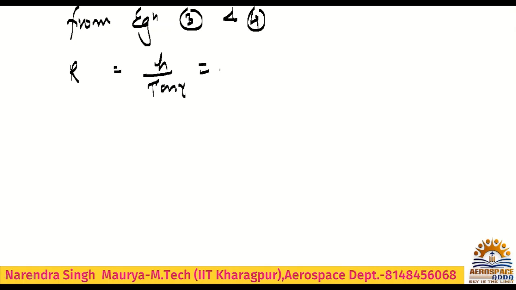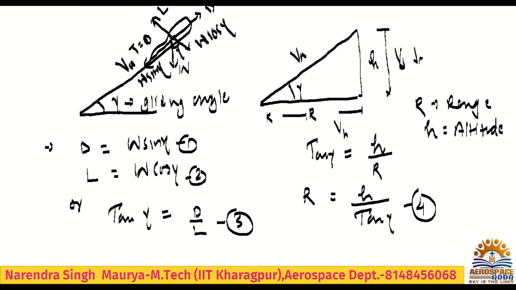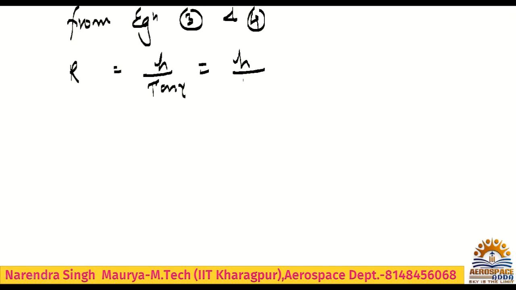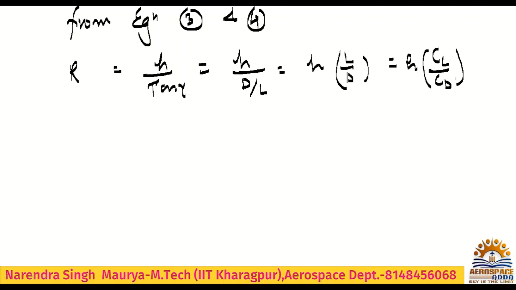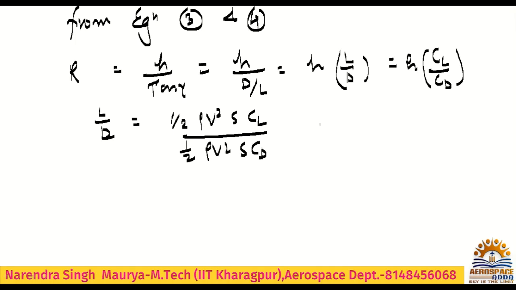Tan gamma is D by L, so range is H times L by D, or H times CL by CD. Because L is half rho v square S CL, and drag is half rho v square S CD, the rest of the values cancel out and you have CL by CD.